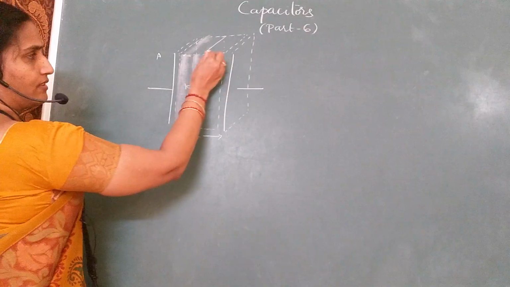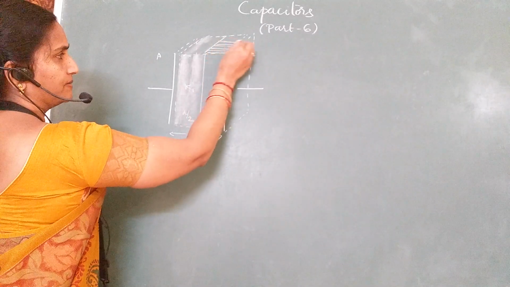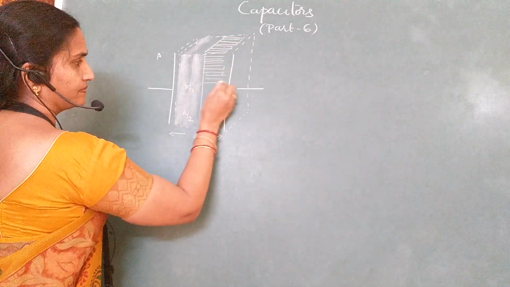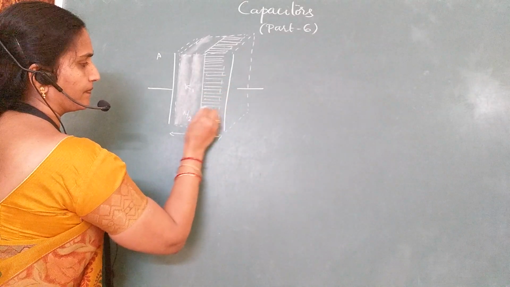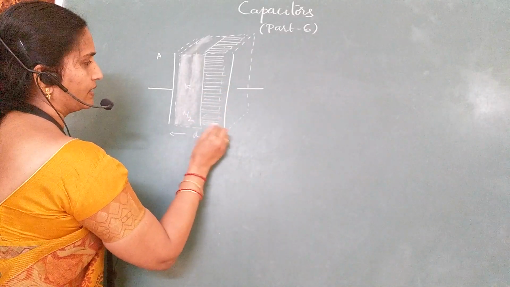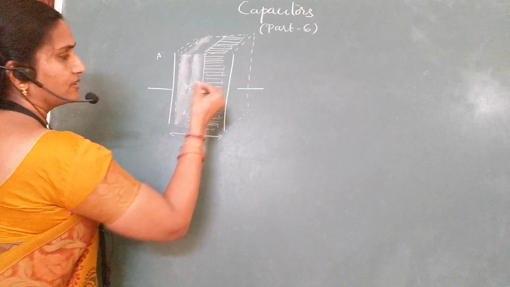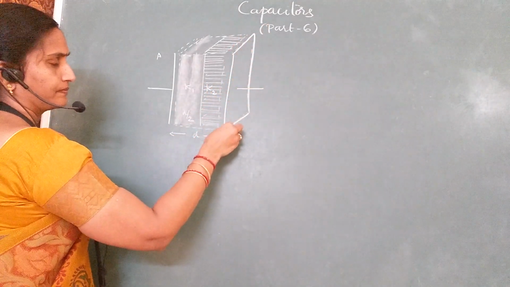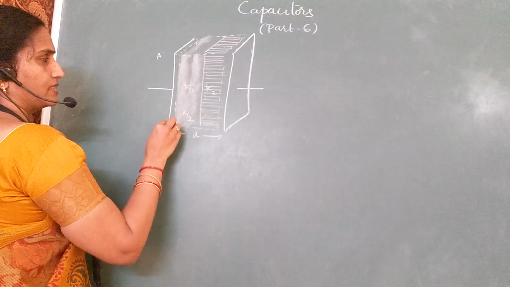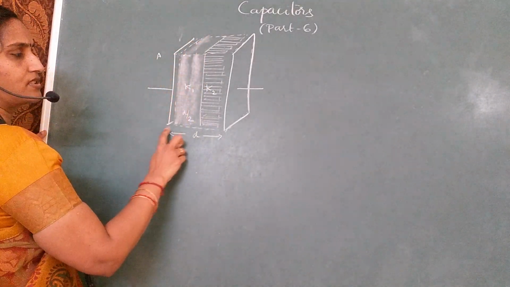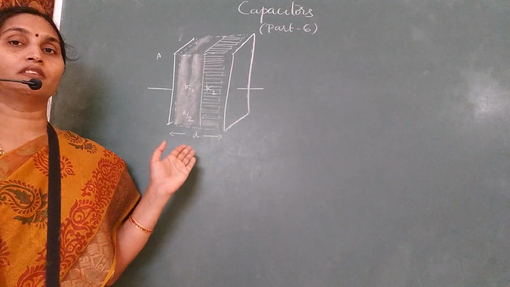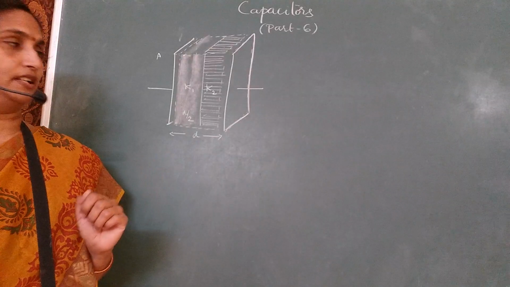The remaining part we are filling with another material, having a dielectric constant K2. So this is your plate. Area of the plates is taken as capital A, distance between the plates is taken as D, and you are asked to find out the equivalent capacitance for this type of arrangement.